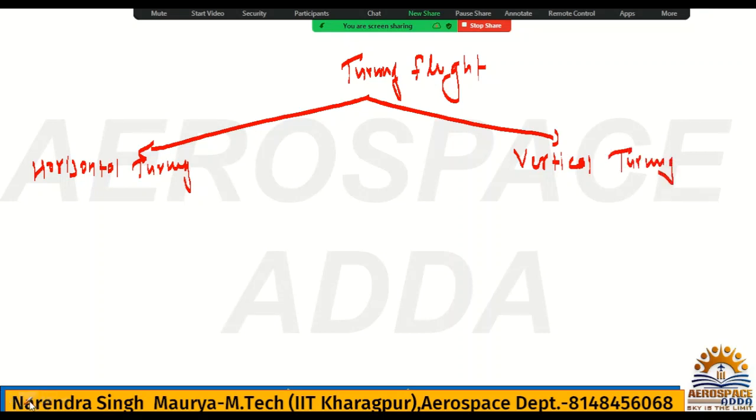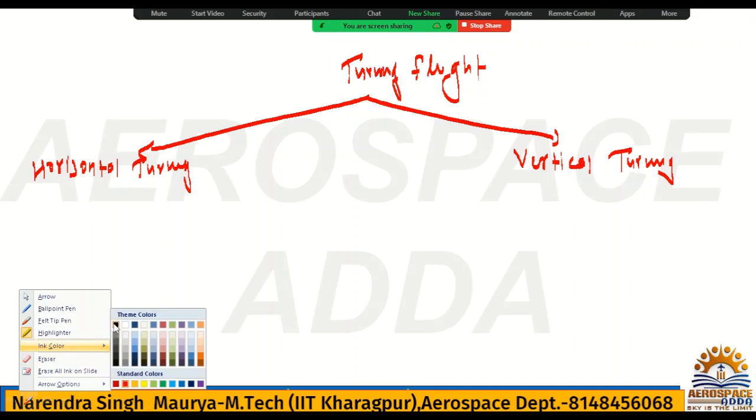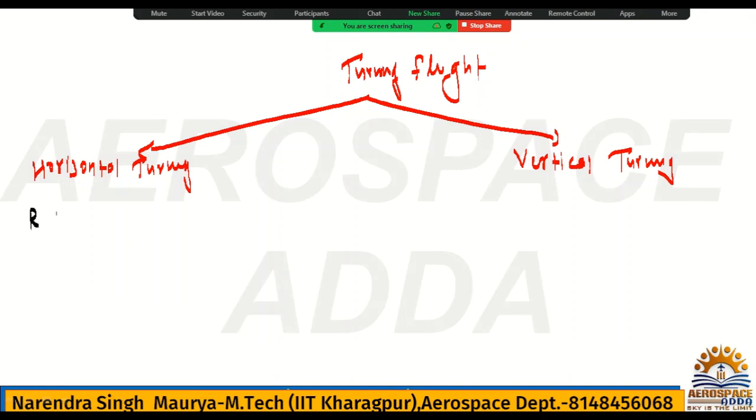Vertical turning. Okay. In horizontal turning, what was the radius of turn? It was v square by g root n square minus 1. Yes or no? This was the radius of turn.